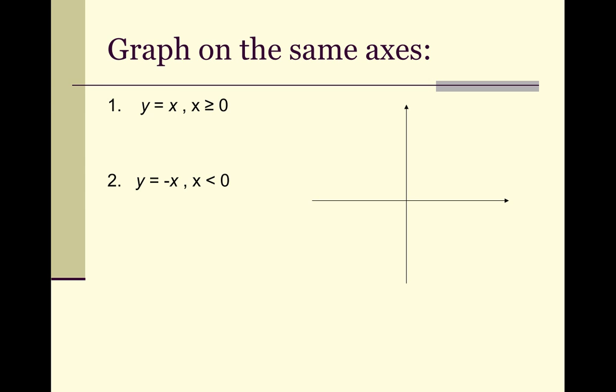The first value I'm going to plug in is 0. When I plug in 0, I get out 0. When I plug in 1, I get out 1. When I plug in 2, I get out 2. That slope is 1, so it keeps going. So this is this graph.